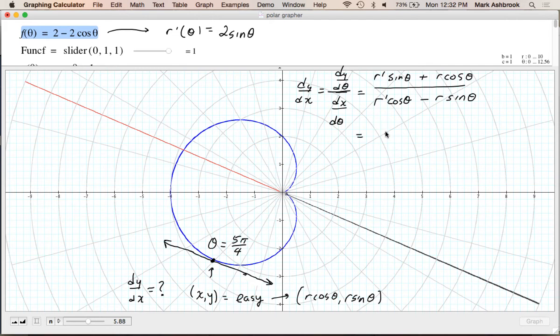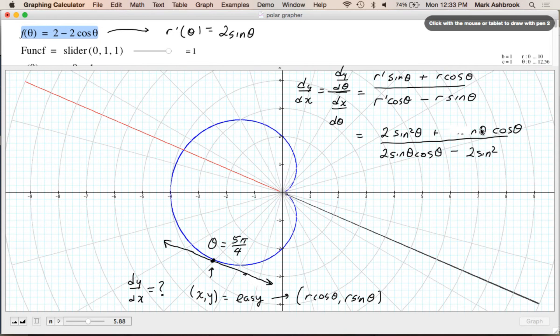So this whole thing is going to be 2 sine squared theta plus 2 sine theta cosine theta, all over 2 sine theta cosine theta minus 2 sine squared. Something's wrong. It's r equals 2 minus 2 cosine theta. This is not right.